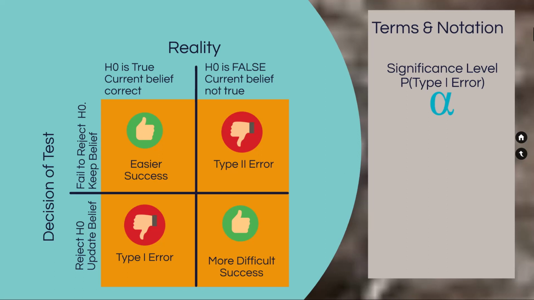We want that to be quite low in general because it's a little embarrassing to start with the truth and then give it up. We also have a notation for the probability of a type 2 error. We call that beta. And then perhaps the most important quantity to learn about when you're learning about hypothesis testing for the first time is something called power.